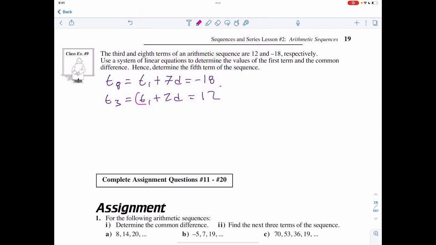All they did was use a system, subtract those two equations from each other. The first term is going to cancel out. 7 minus 2 is going to be 5d, and negative 18 minus 12 is going to give me negative 30, and d is going to equal negative 6.